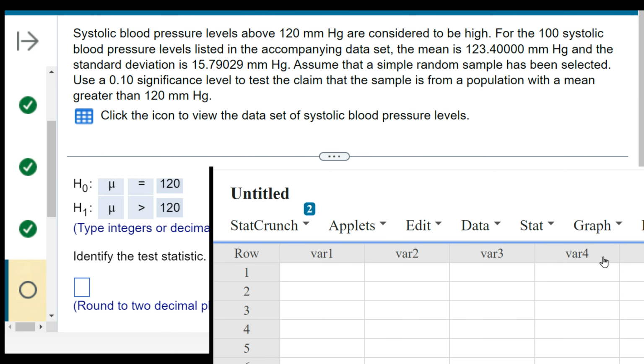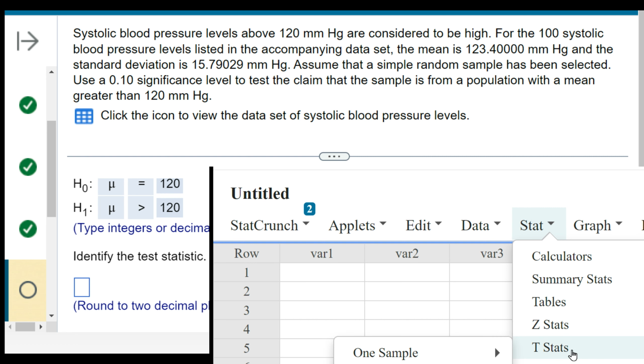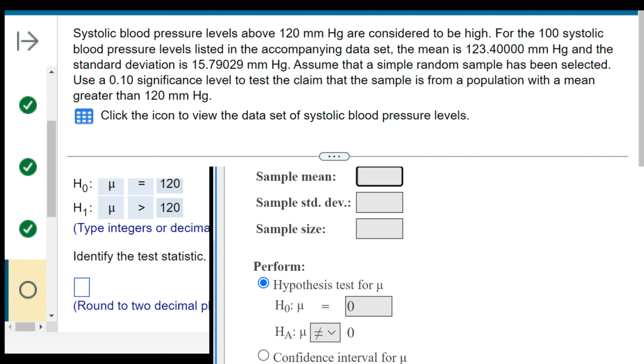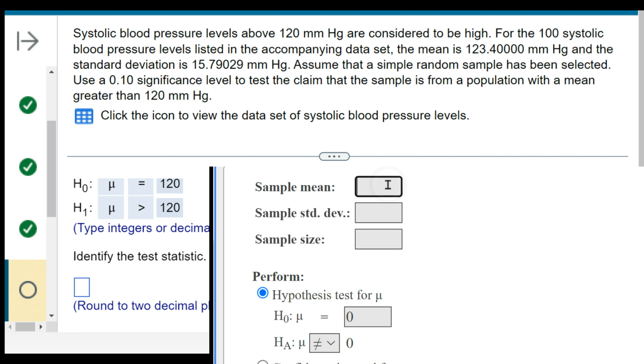Fantastic. I shall go to Stat, T-stats, 1 Sample with Summary. Here they would like to know, what sample mean do you want to deal with? Well, from my data set, the sample mean was 123.4. And the sample standard deviation was 15.79029.